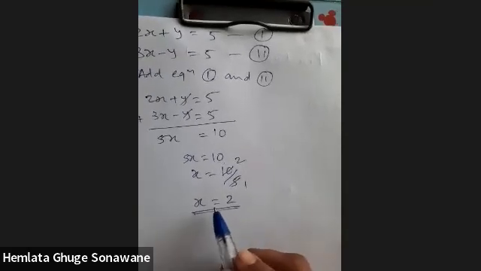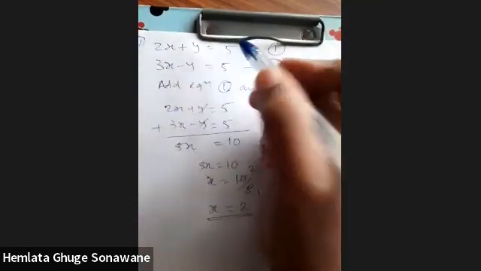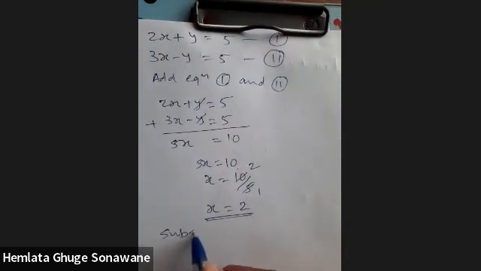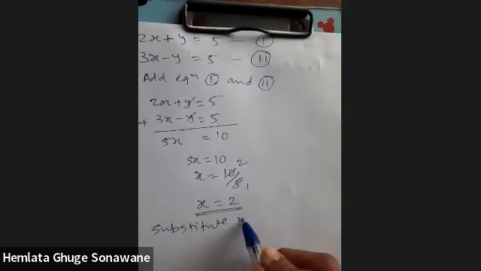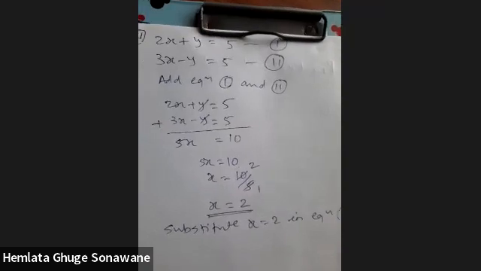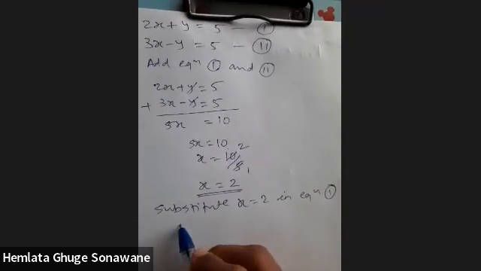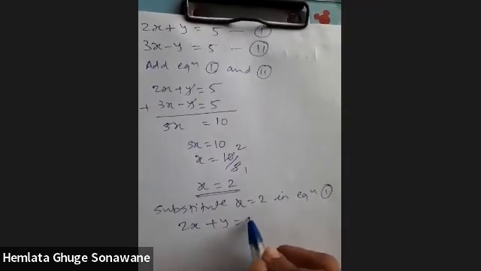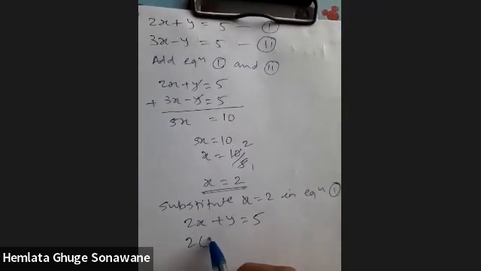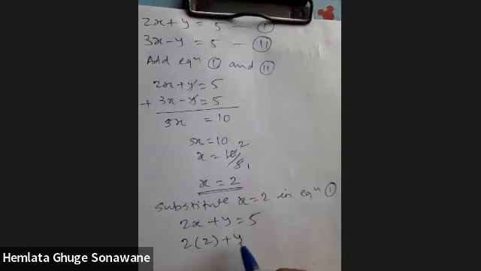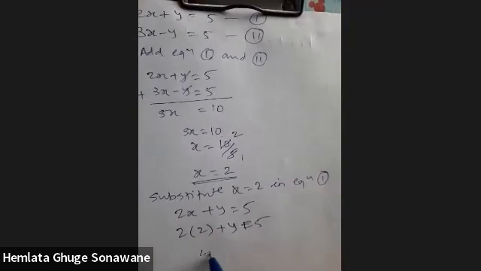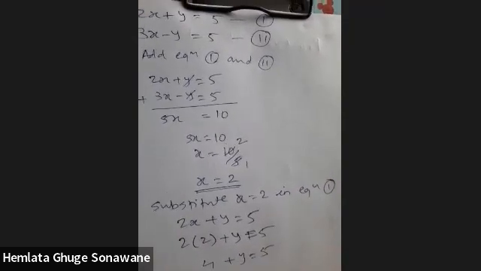We'll put this value into equation number 1, so that we'll get the value of y. Substitute x is equal to 2 in equation number 1. Our equation number 1 is 2x plus y is equal to 5. Here we'll put the value of x as 2. So 2 into 2 plus y is equal to 5. 2 fours are 4, plus y is equal to 5.